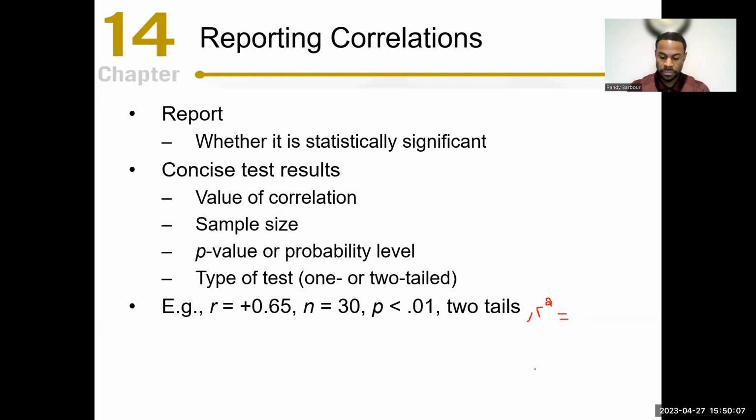Let me do that really quickly. So 0.65 squared, and that gives us an r squared of 0.4225. Okay, so that would be considered my effect size for this result.